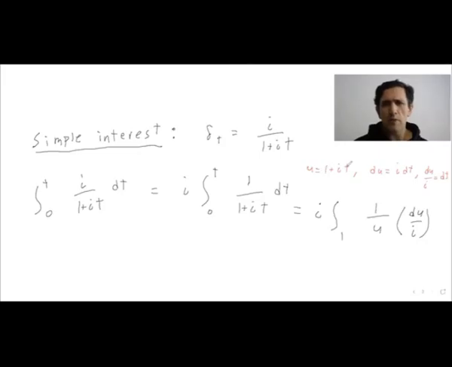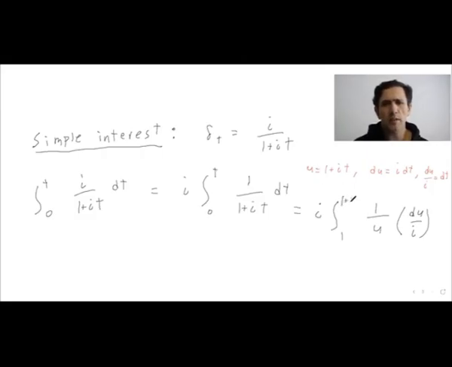What happens when we have t here? Well, when t is t, u is 1 plus it. So instead of t here, it's u, which is 1 plus it. Again, all we're saying is, what does u become when t is t? u is 1 plus it.